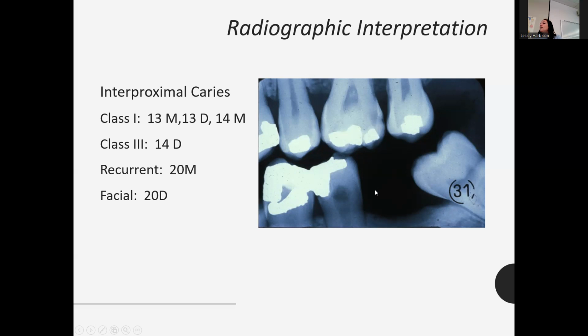And then on 20, we have some recurrent decay. It's not super obvious because it gets kind of dark down here, but do you see around the base of this filling, you can kind of see some darkness through here. Yeah. And then we also, this pulpal area is darker than the rest of the pulp, which doesn't make a lot of sense. Like, why would this part of the pulp be more radiolucent than down here?